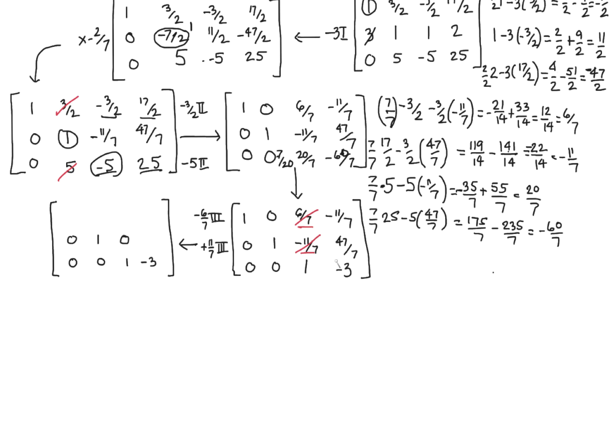So 47/7, so that's 47 over 7 plus 11 over 7 times row 3, which is minus 3. Okay, so that's just 47 over 7 minus 33 over 7.